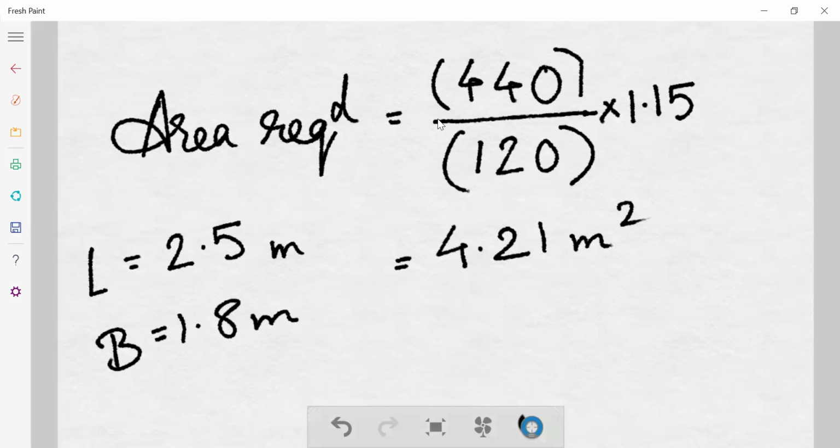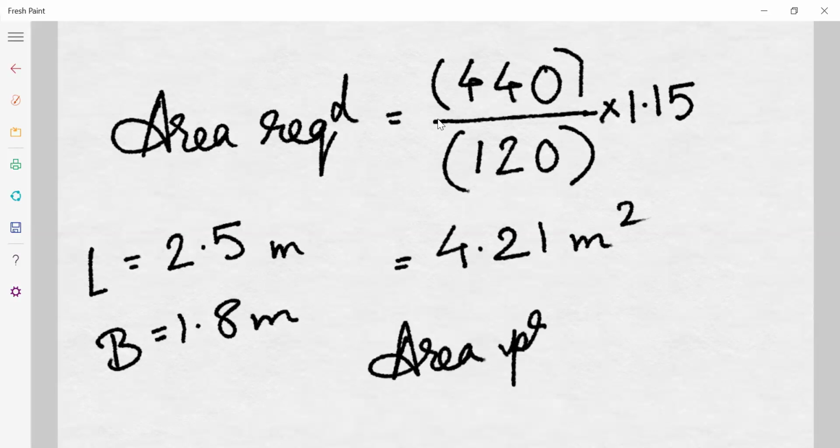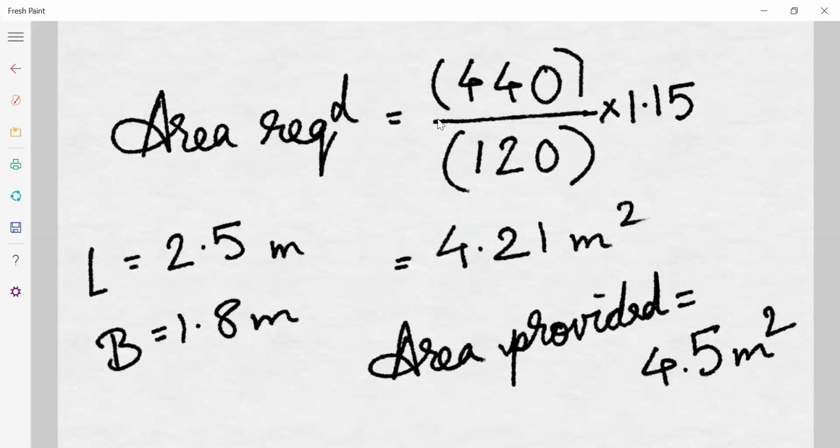So the area provided becomes 2.5 into 1.8, which is equal to 4.5 meter square. Okay, let us now proceed.